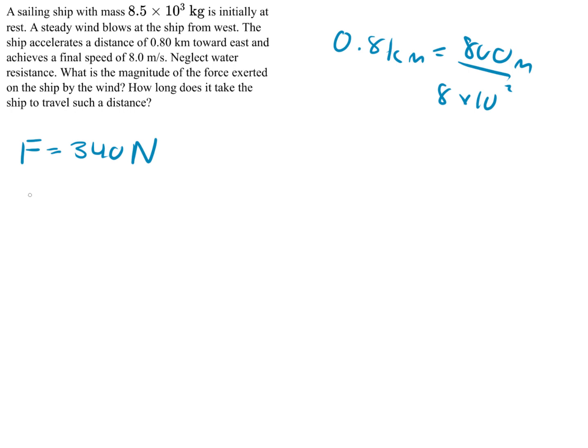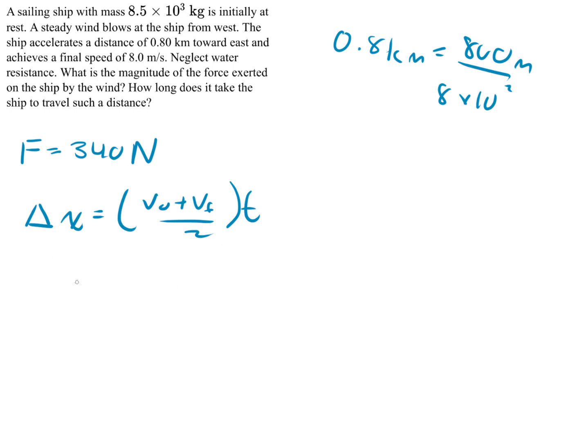To do this, we can simply use the kinematic equations. There's one that says the displacement is equal to the average of the initial and final velocities, the initial plus final divided by 2, times the time interval, or simply the time.